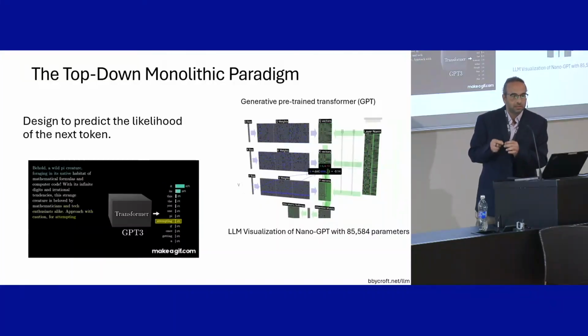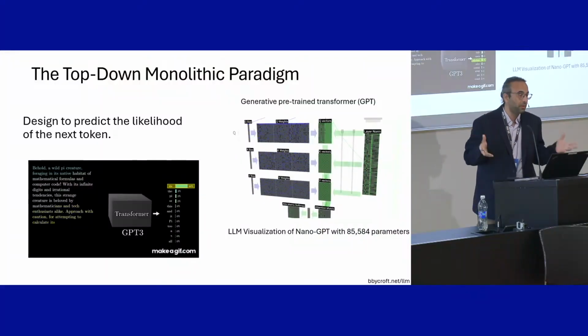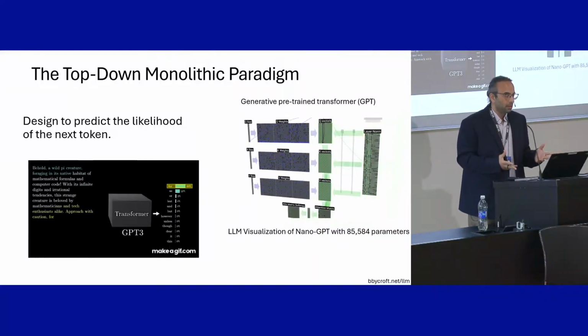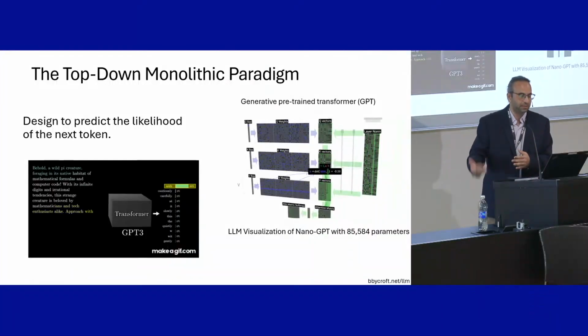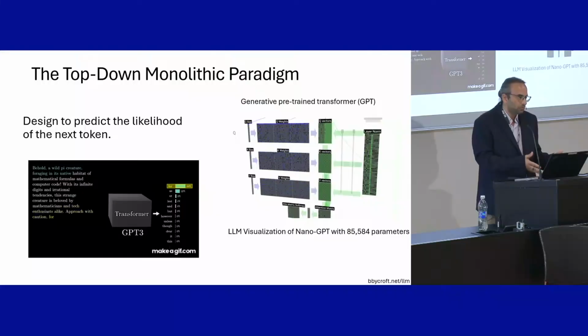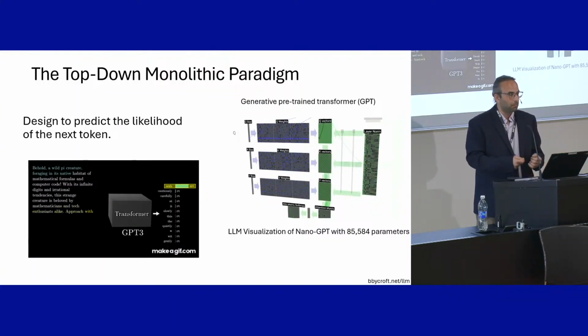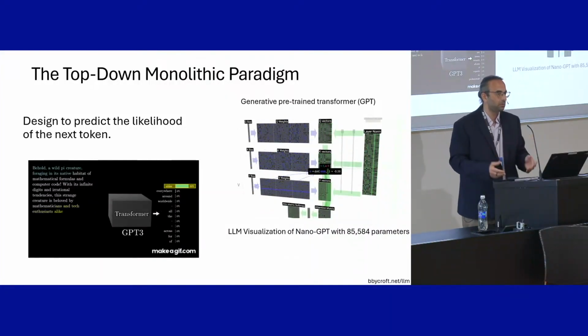And all its job is to predict the likelihood of the next token, regardless of what we think it knows or has in its weights. That's just what it's doing, predicting the next token. So that's not how biology would work, and if we would like to build better machines, that's not the way that I think we should go.